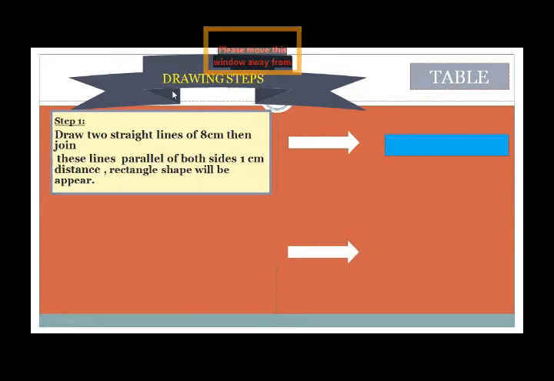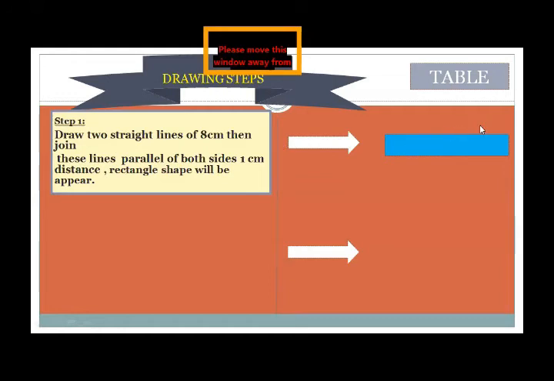This time I am sharing the drawing steps of a table. Now I am drawing the table. So how will you draw a table in your drawing copy? Everybody look at step number one. First of all, draw two straight lines of 8 centimeters, then join. Look at this picture.